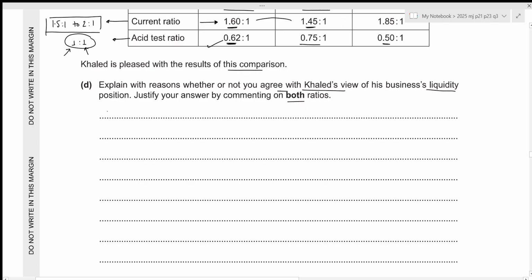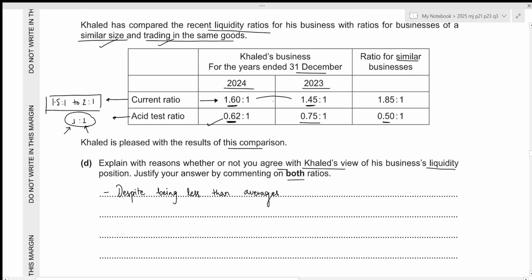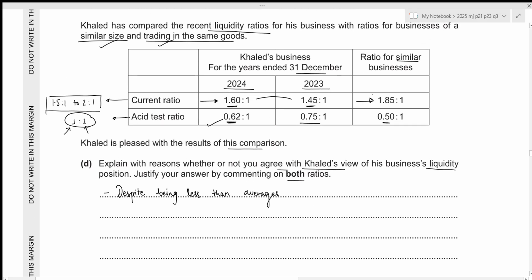Let's write it down. Despite being less than averages, and we're writing being less than averages because we can see for similar businesses, the value is 1.85. And as compared to this value, 1.6 is still lower, which is why we are less than averages for similar businesses.